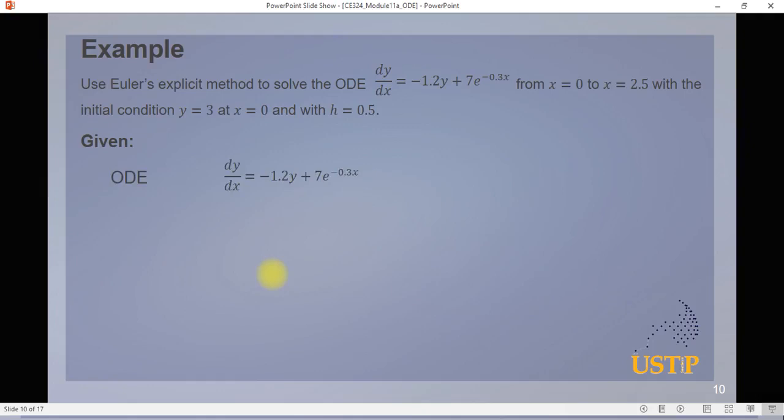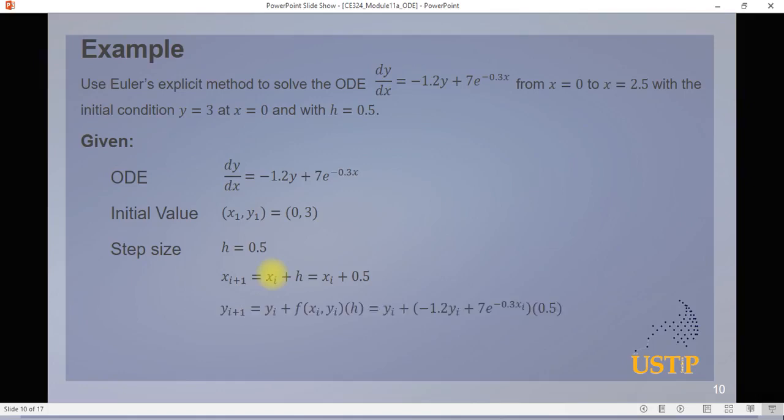Given this ODE, dy over dx equals negative 1.2y plus 7e raised to the power of negative 0.3x, our initial values are 0 and 3 for x1 and y1. We have a step size of 0.5, and the equation for xi plus 1 is xi plus h, or simply xi plus 0.5.